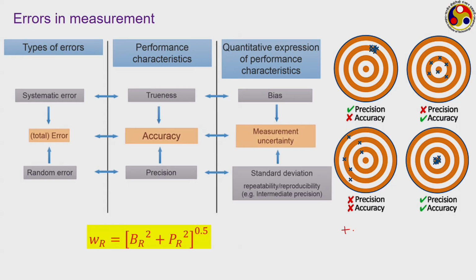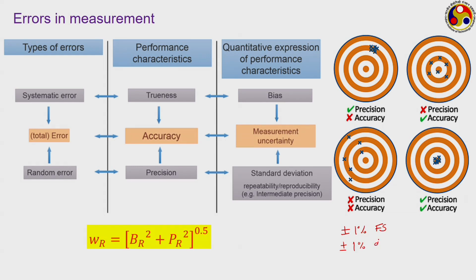That means there are three ways you can get the error specified, like the examples that we have discussed. One possibility is plus minus some percentage of full scale, which basically leads to a fixed quantity. Whatever is the range of your instrument or the maximal output you can get, 1% of that is fixed.